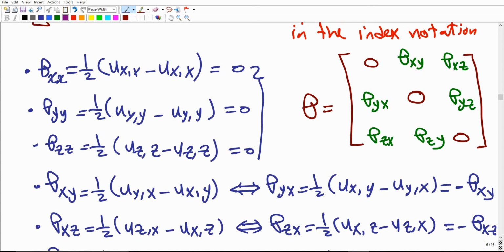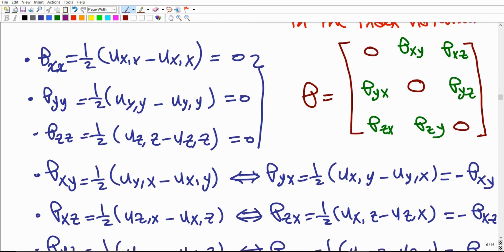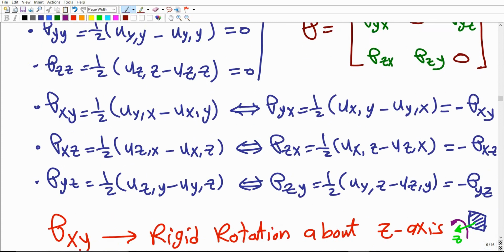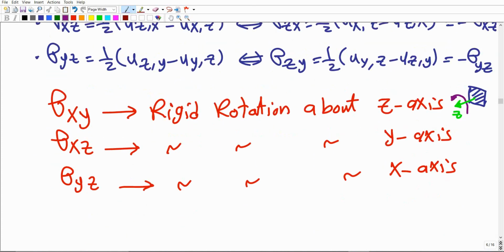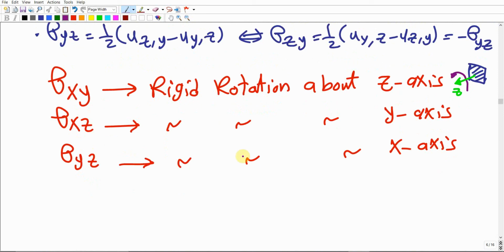So it can be simplified or reduced into just 3 components. It means that it can be converted into a vector, right? Yes, we can convert this rotation tensor into a vector of 3 components, which describes the rotation about x and y and z. This is what we are basically interested in, right?